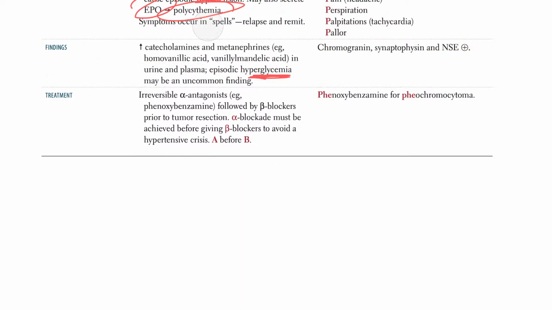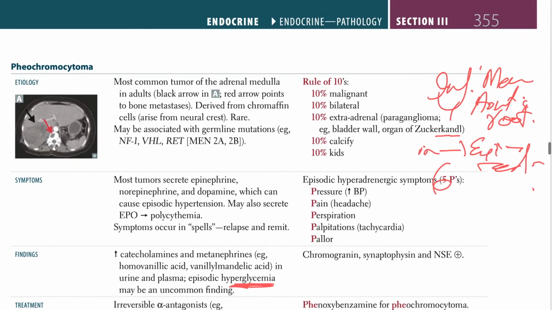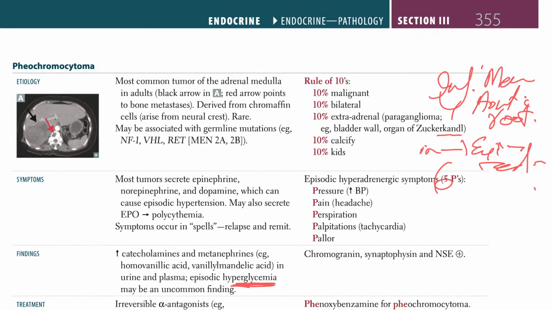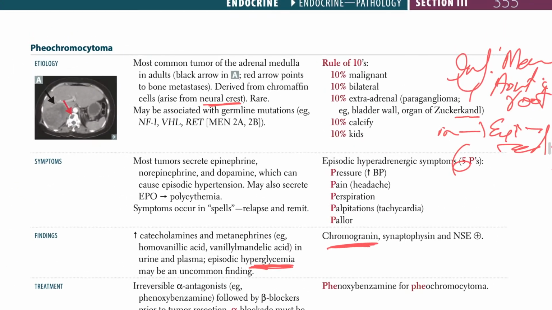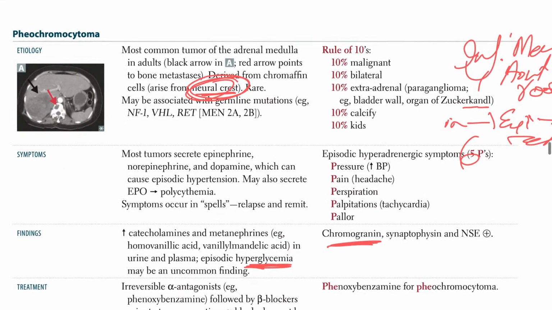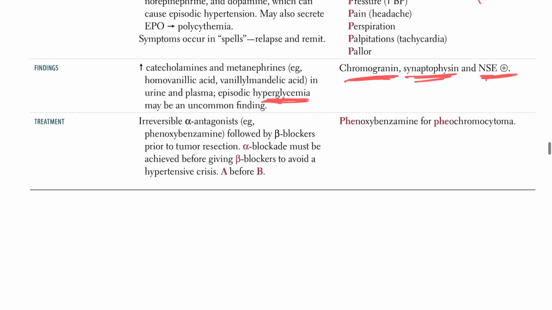Then in the findings, because it's coming from the neural crest cells, it's going to be chromogranin positive, synaptophysin positive, and NSE positive. 3 things are going to be positive.